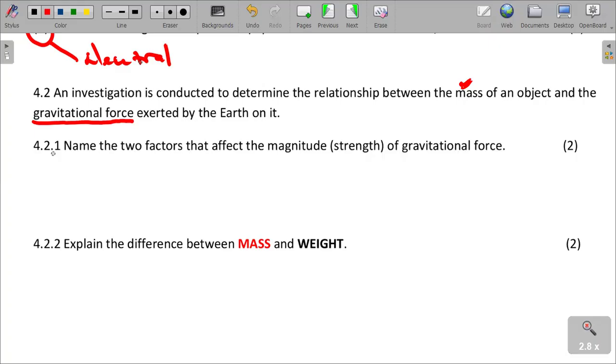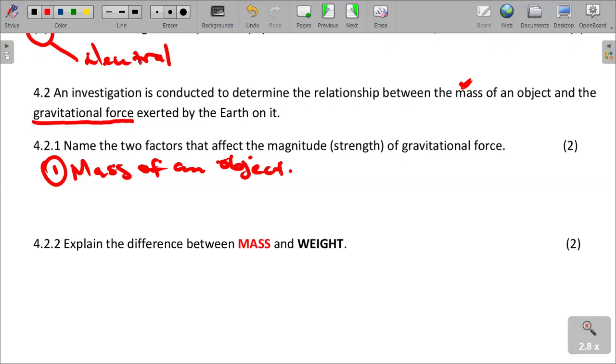So the mass of an object affects its gravitational force.